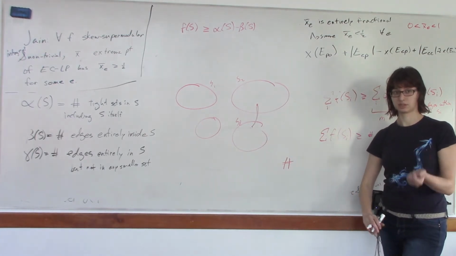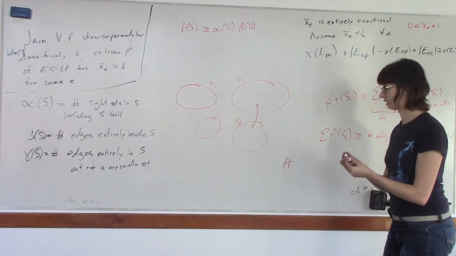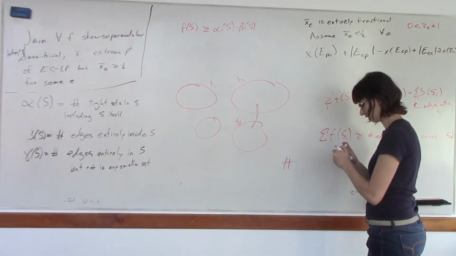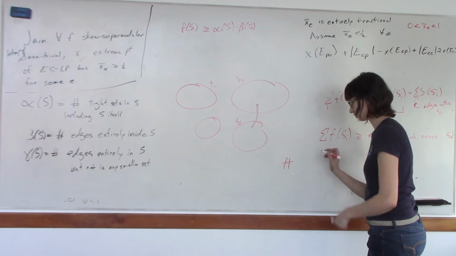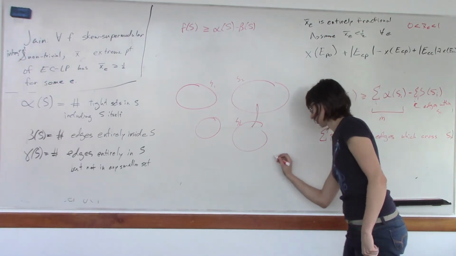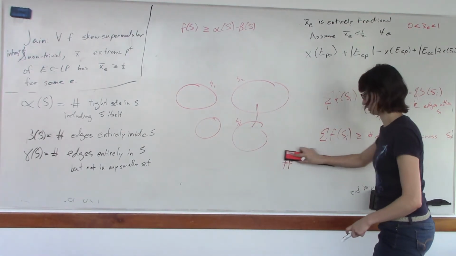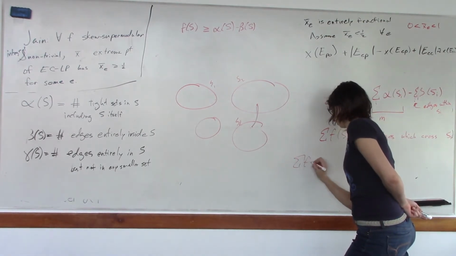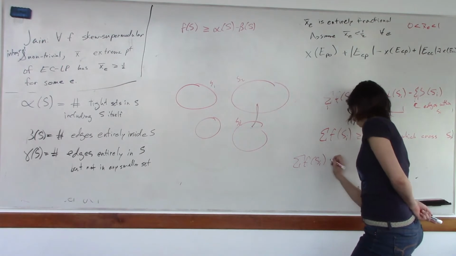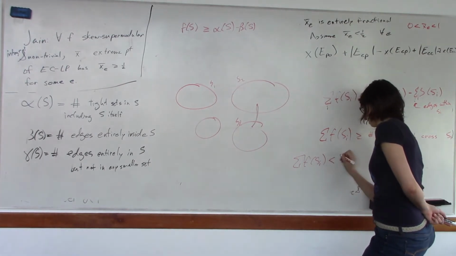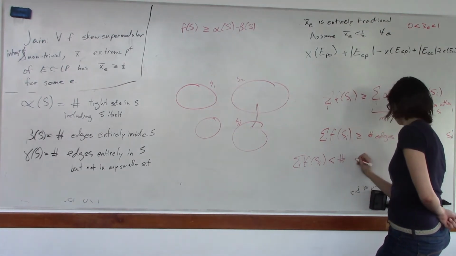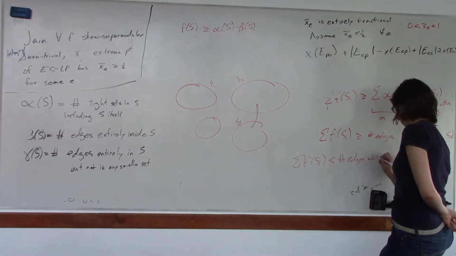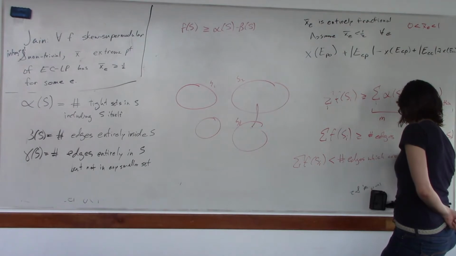In fact, it contributes strictly less than half. So all the constraints are satisfied, so the sum of the f of Si has to be strictly less than the number of edges which cross Si.